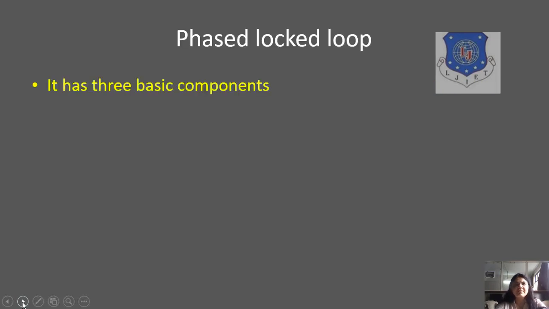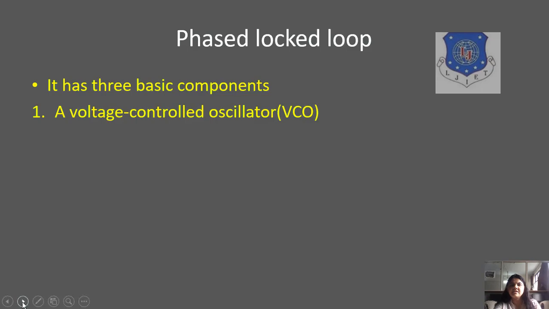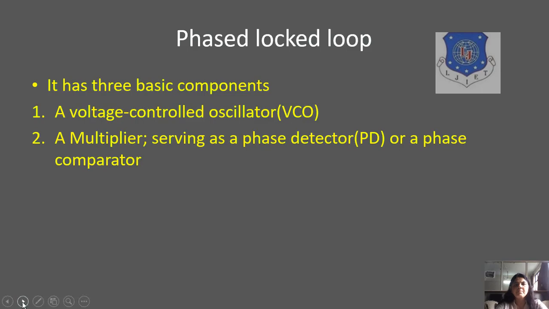PLL has three basic components. One is the voltage control oscillator, the VCO. According to the applied voltage, the frequency produced by the VCO can be changed. Second is a multiplier, serving as a phase detector or a phase comparator, and third is a loop filter H(s), which works as a low pass filter.